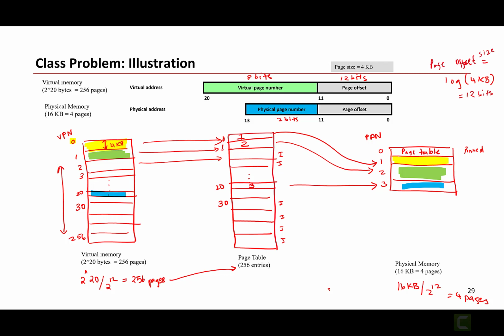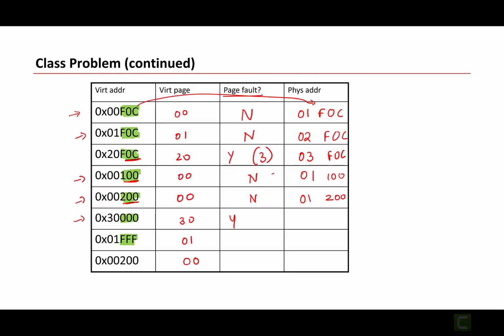Now we need to figure out which physical page to free up, and we would use the LRU policy for it. So of these 3 colors that you see, which one is least recently used? Well, if you go back to the previous picture, we just recently used 0, and before that we used 20, and so 1 is the least recently used.